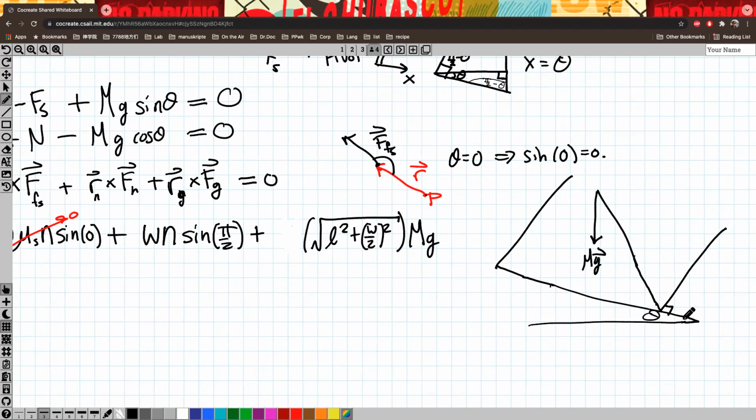And then this angle, we don't know that angle yet, do we? We know that this is theta. Yeah, so what I was thinking... This angle will depend on the length and stuff. So, wait, I'm confused.